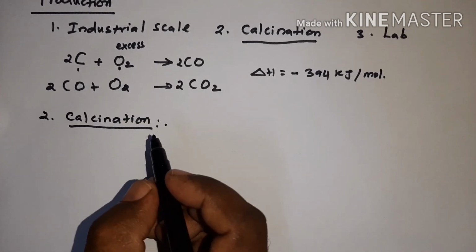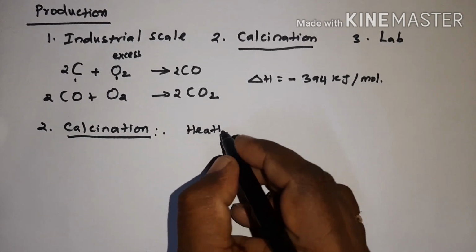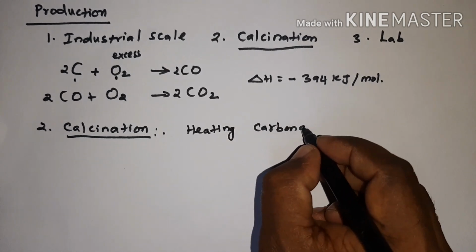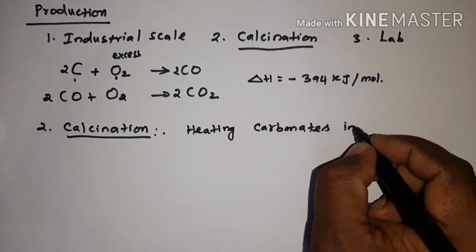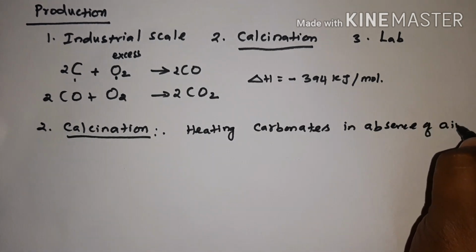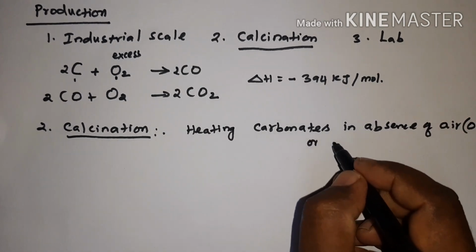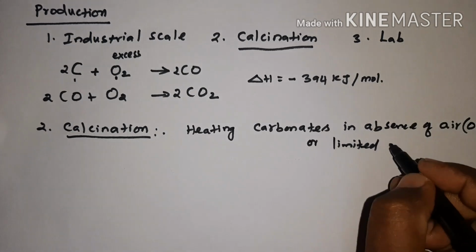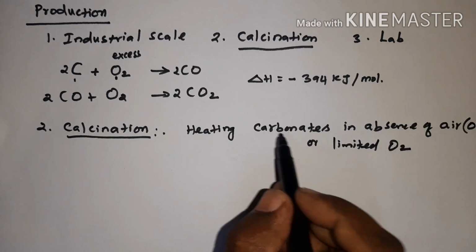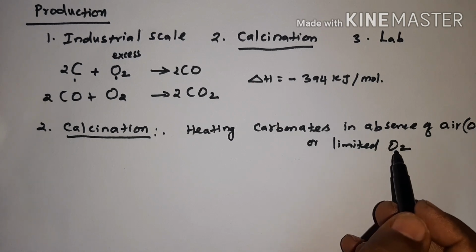Now what is the meaning of calcination? Calcination means heating of a compound, mainly metal carbonates, in the absence of air, that means in the absence of oxygen or a limited quantity of oxygen.